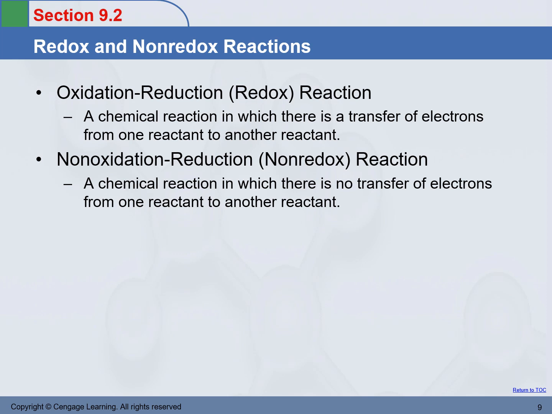But how do we know, by looking at a reaction, whether an electron or electrons are transferred or not? In other words, how do we know if a reaction is a redox or non-redox reaction? That will be our topic for the next couple episodes.